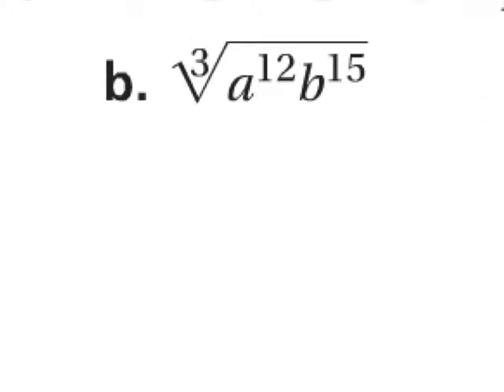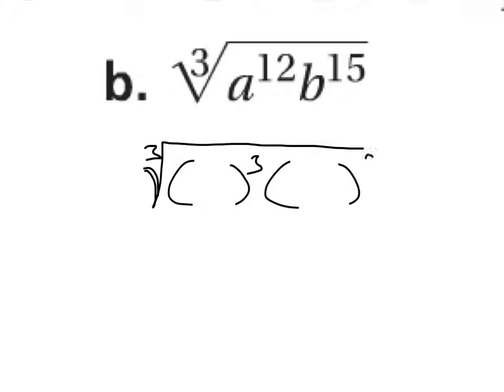All right, I want you guys to try example B on your own. Go! We have the cubic root of something to the third power times something to the third power, because we want this index to cancel with that exponent. So a to the 12th power is a to the 4th power cubed, because 4 times 3 is 12.